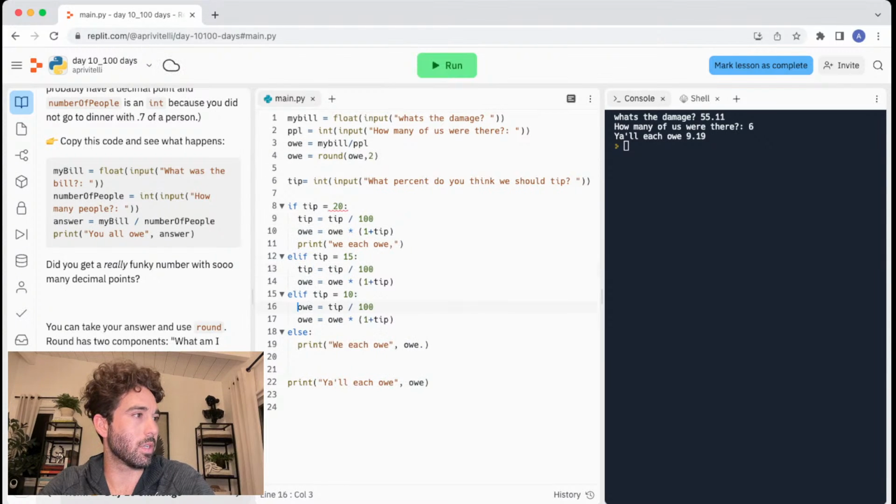Tip, total equals answer times 1 plus tip.